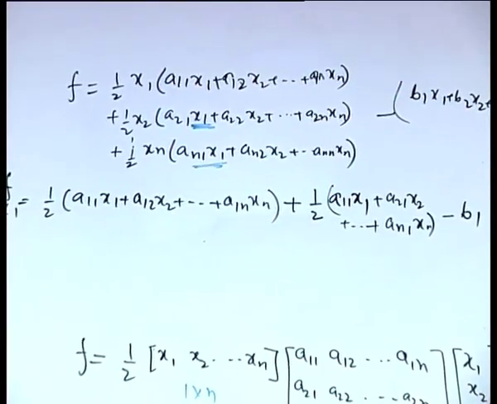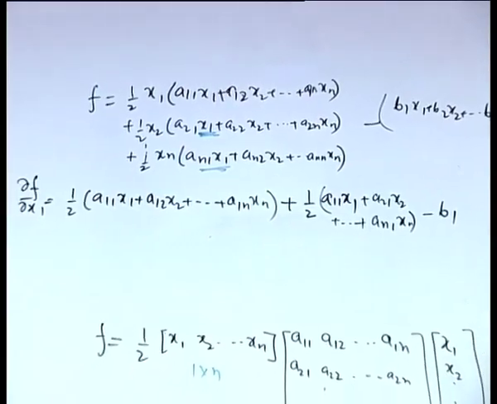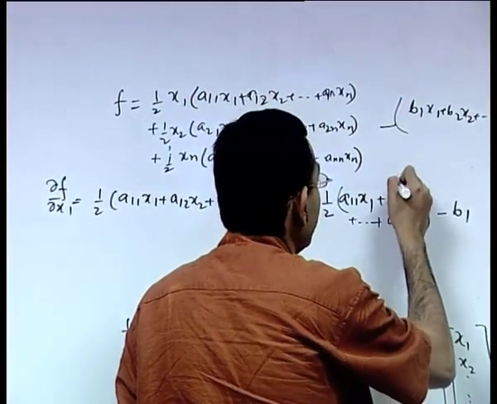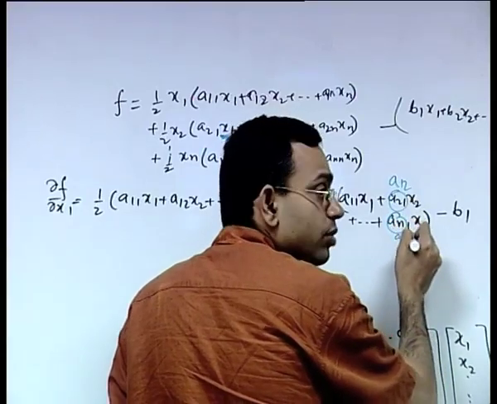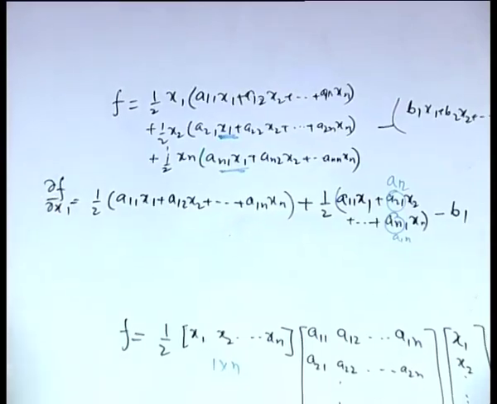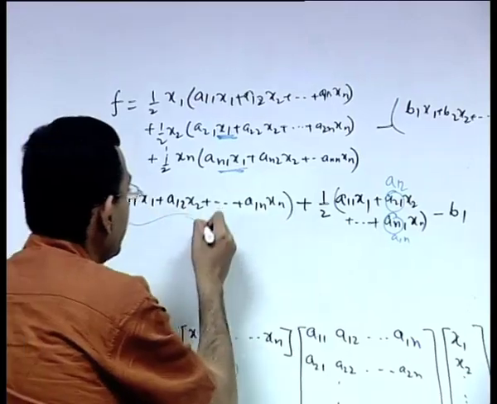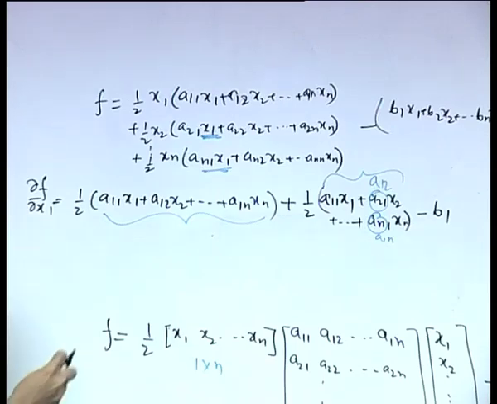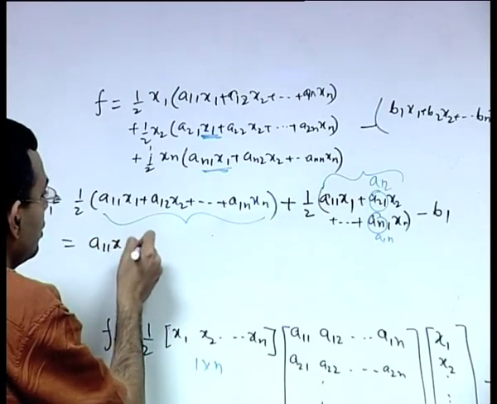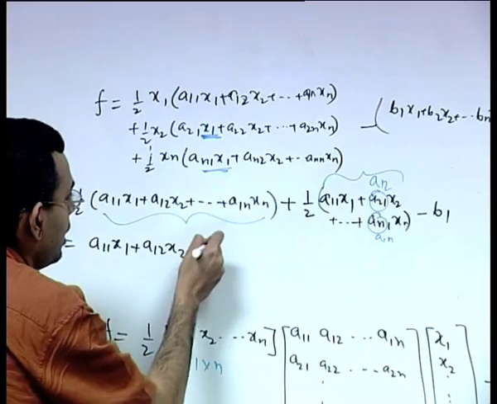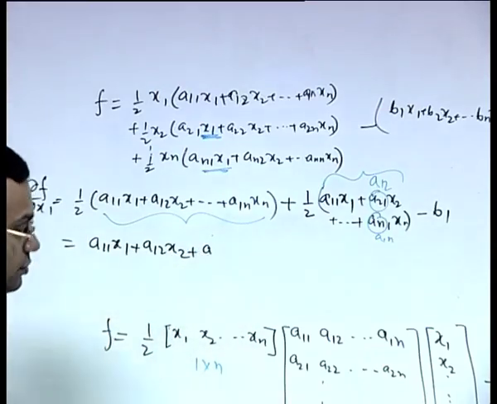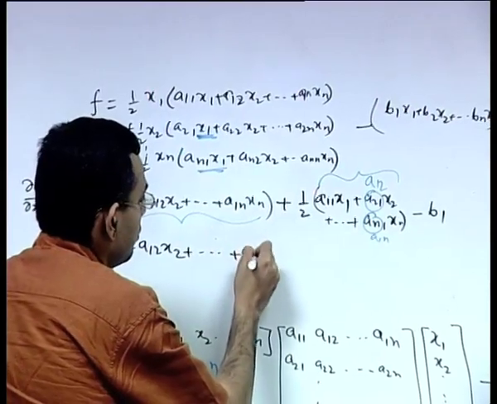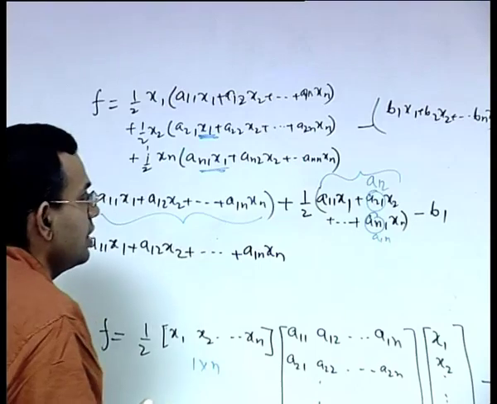Now, because A is symmetric, A equal to A transpose, that means A12 is equal to A21, An1 is equal to A1n. So, in place of A21 it is A12, in place of An1 it is A1n, like that. So, then the term in this bracket and the term in this bracket become the same. So, it becomes A11 x1 plus A12 x2 plus in this way A1n xn minus B1.